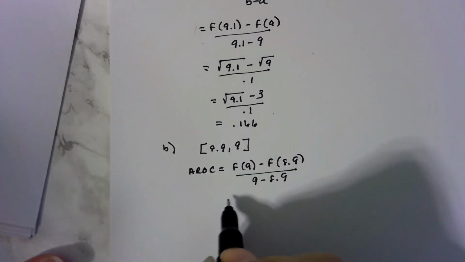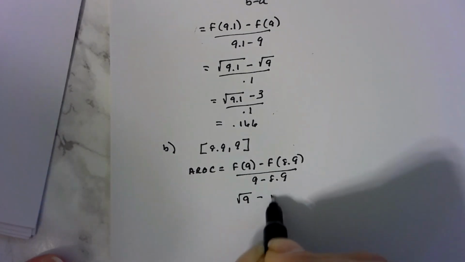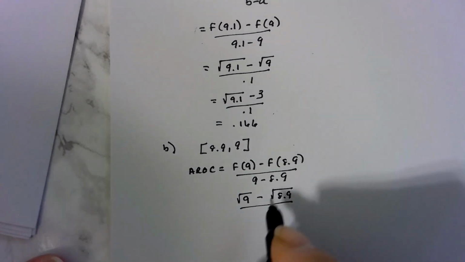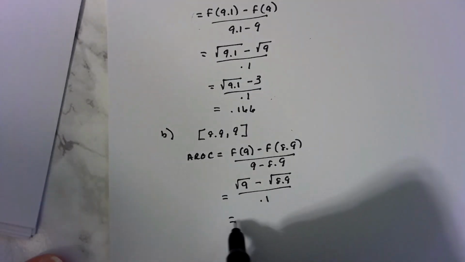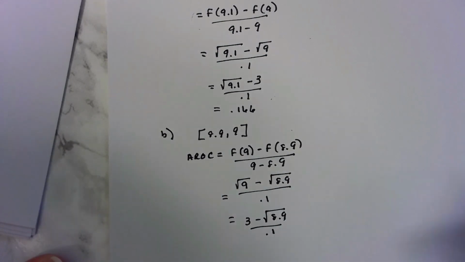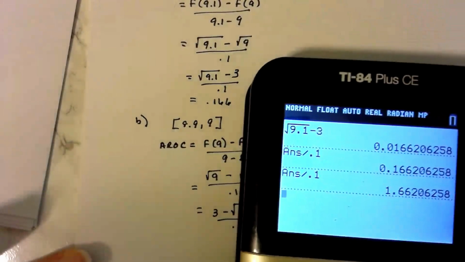And f of 9 is root 9 minus root 8.9 over 9 minus 8.9 is 0.1 again. So now we have 3 minus root 8.9 over 0.1, and time for me to get out my calculator.